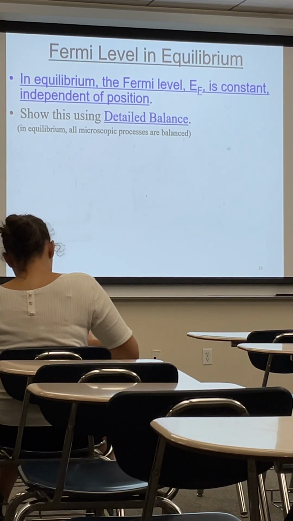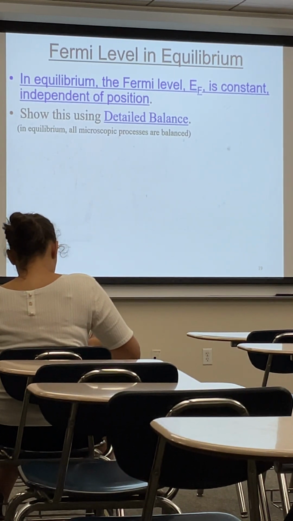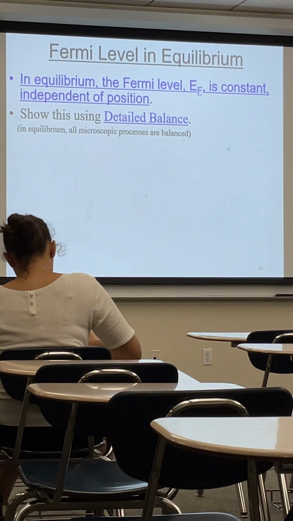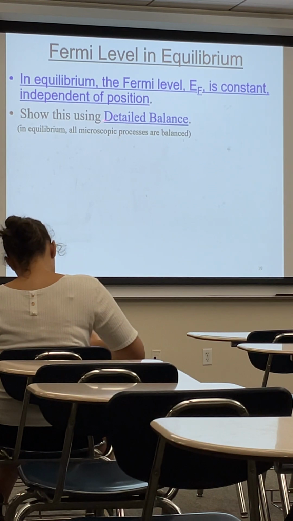One half, right? So this is the definition. And you will see that in equilibrium, the Fermi level EF is constant and independent of position, which means that if we draw it, it will be a horizontal line, right?